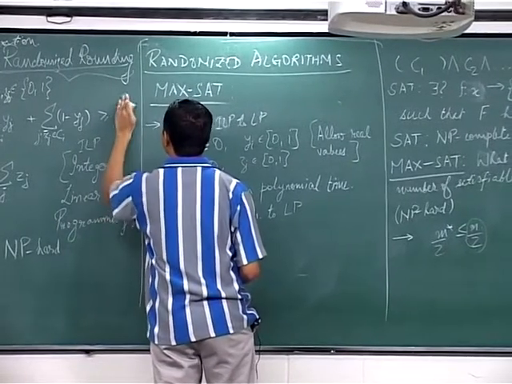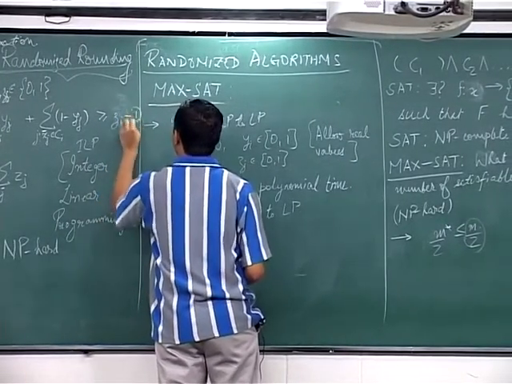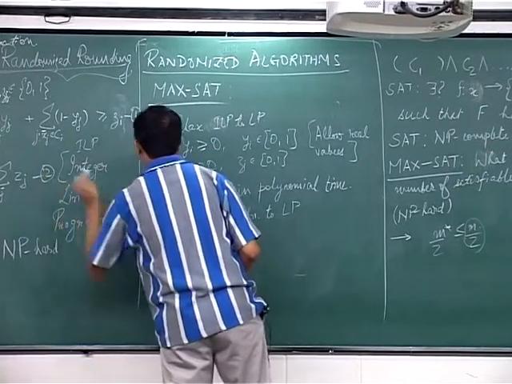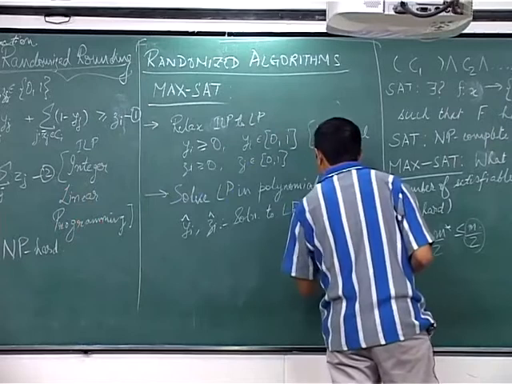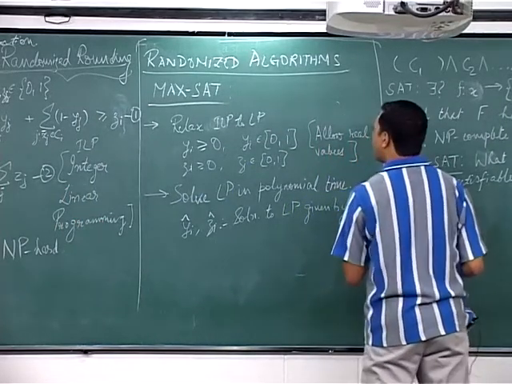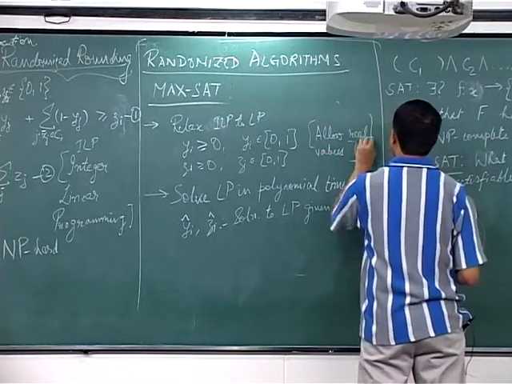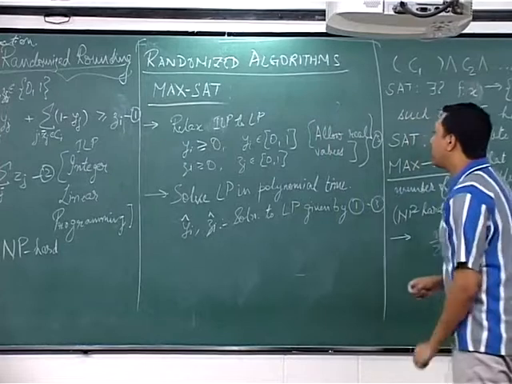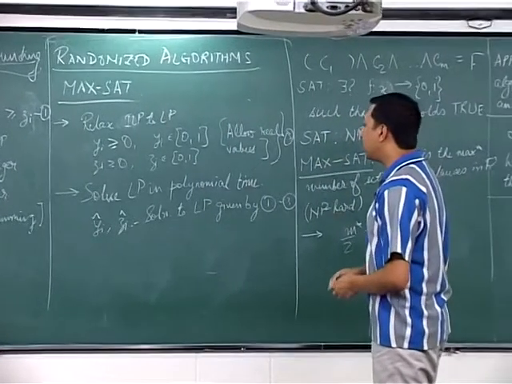Okay, so this is like, let's call it 1 and let's call this 2. And let's call this 3. Okay, right.